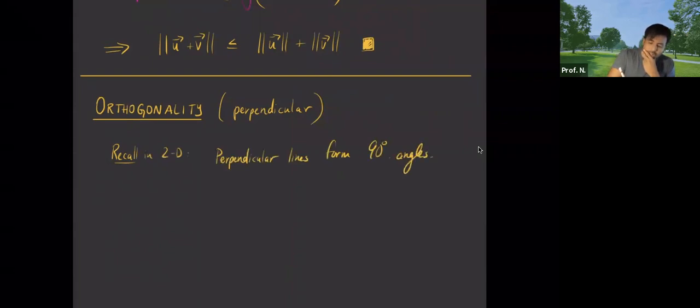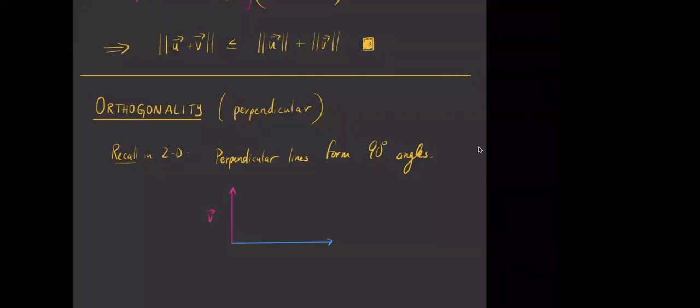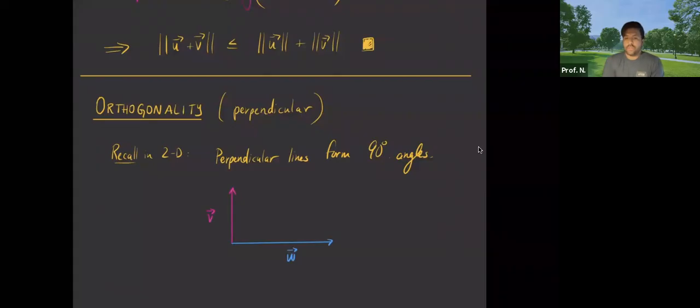Now instead of using lines, what terminology am I going to be using, guys? Planes. I have two vectors. What if I have two perpendicular vectors? What's the angle between them? 90 degrees.